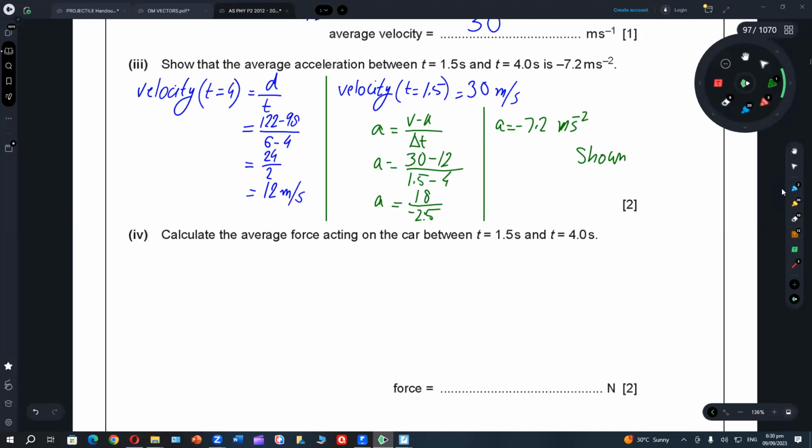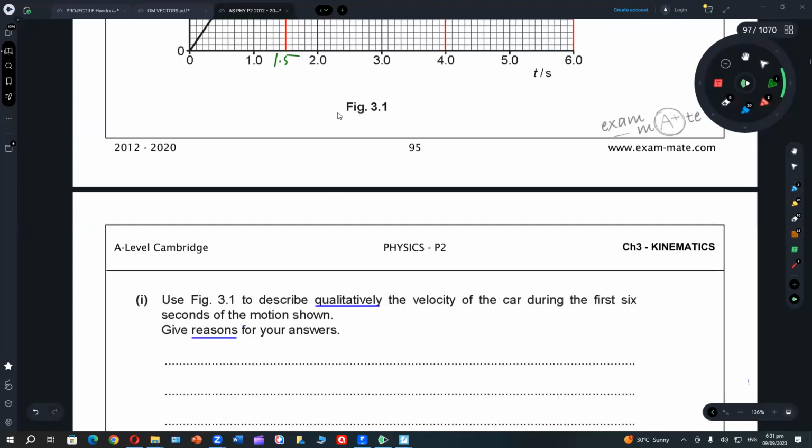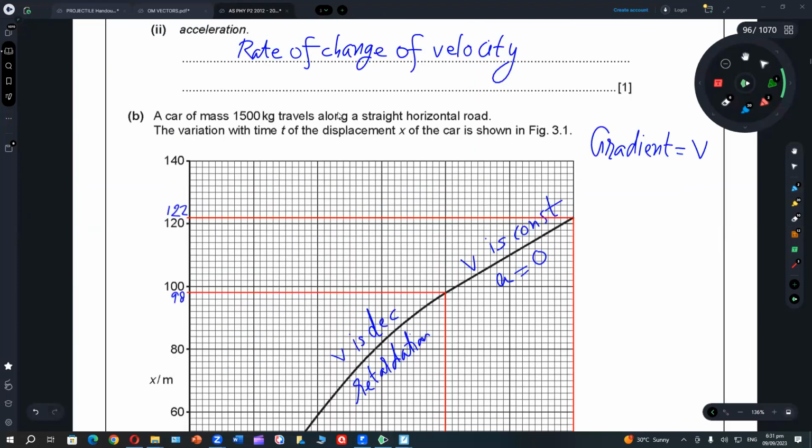Calculate the average force acting on the car between 1.5 and 4. So now we put the formula, average force F is equal to ma. I have the acceleration, which is minus 7.2. And I have the mass, yes, the mass is 1500 kg.